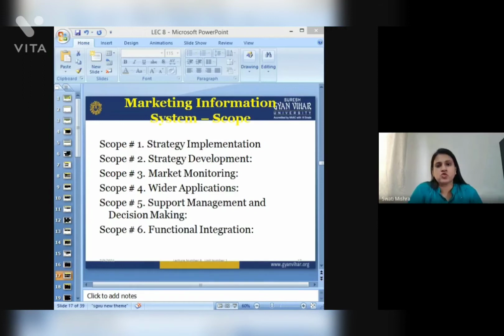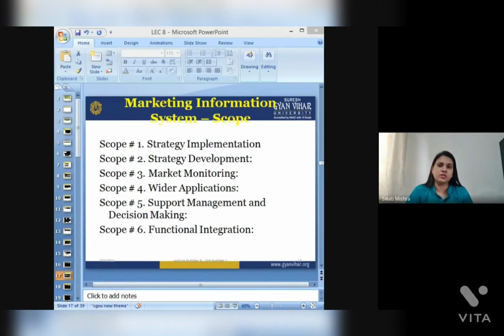Now the second scope here is the strategy development. Of course, information is needed to develop marketing strategy, and this type of information is also provided by the MIS.